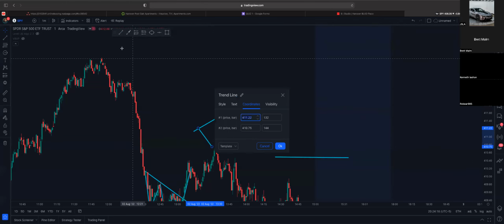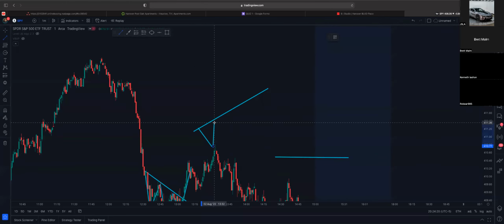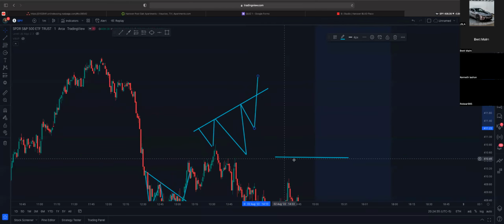If you have a shoulder, as long as you have the shoulders and the head, it doesn't matter. Now, we're going to get onto this.